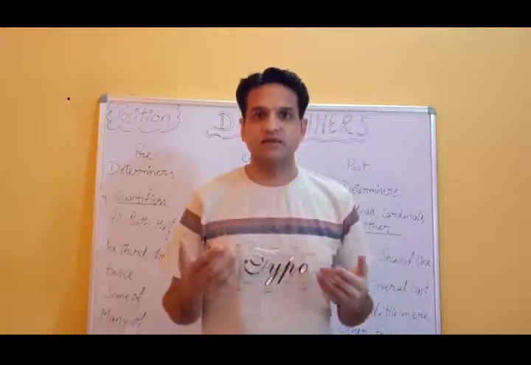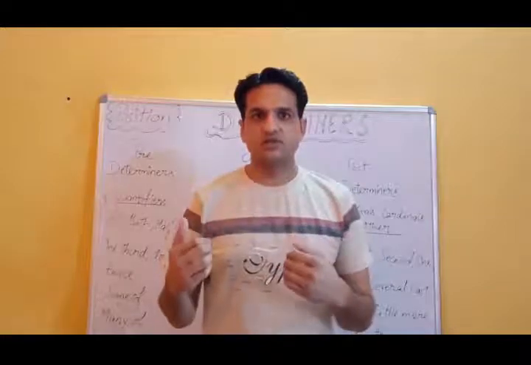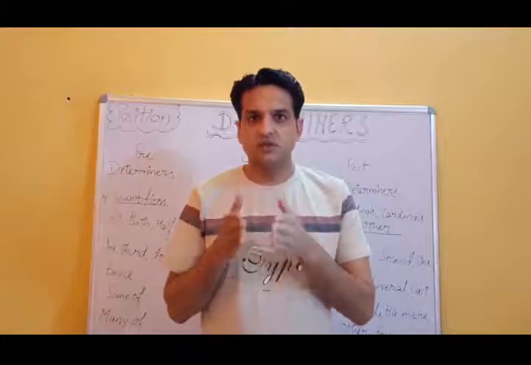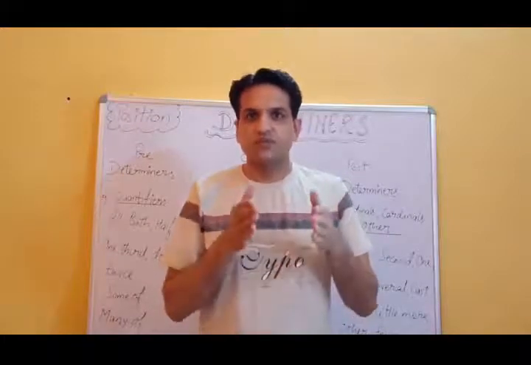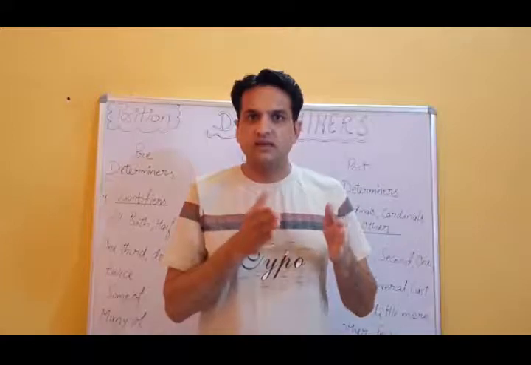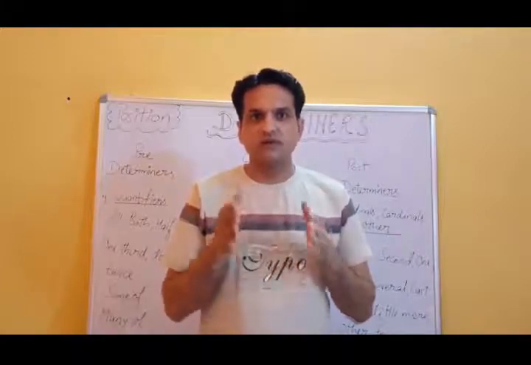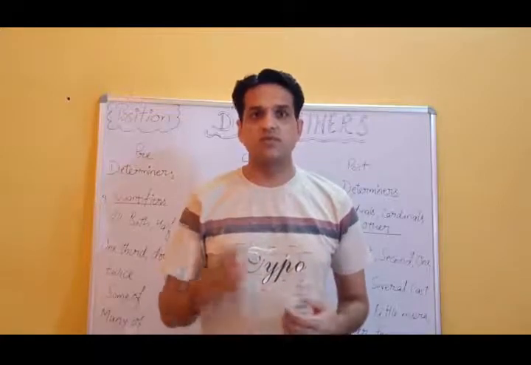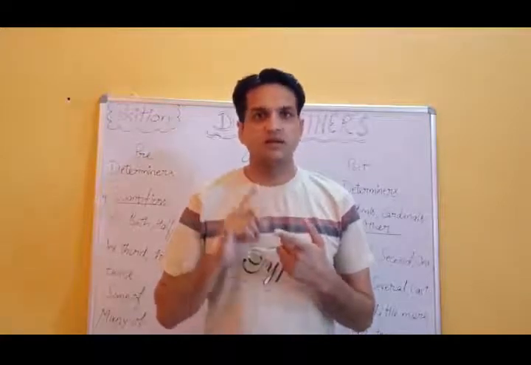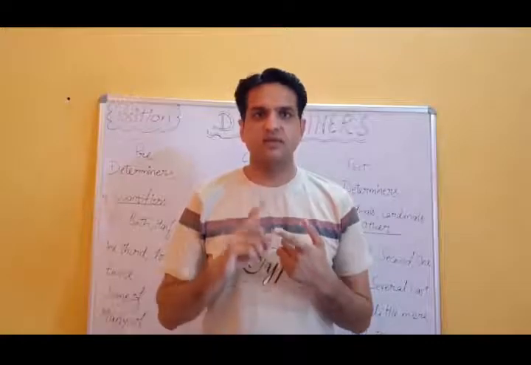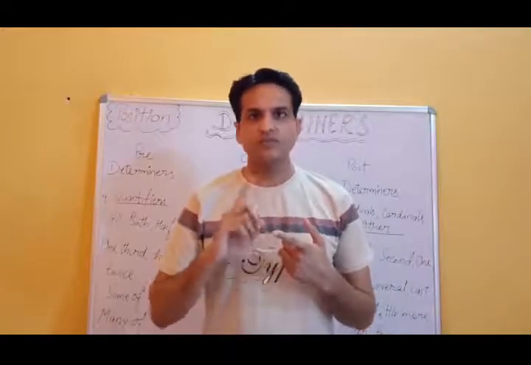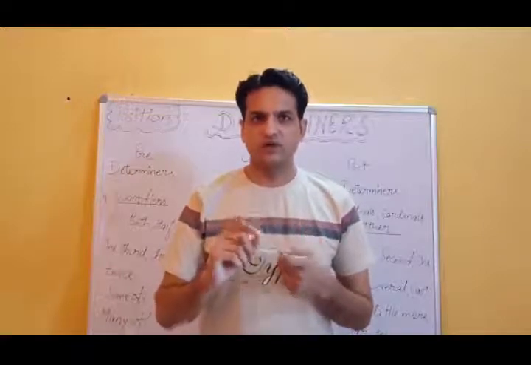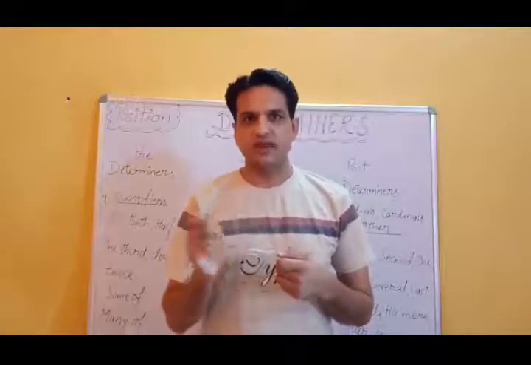If there are three determiners, then which determiner will come at the first position, which determiner will come at the central position, which determiner will come at the final position. So in this way, determiners can be categorized into three types: predeterminers, central determiners and post determiners. वो determiners जो अगर दो determiners हों तो मेन determiner के पहले आएंगे.